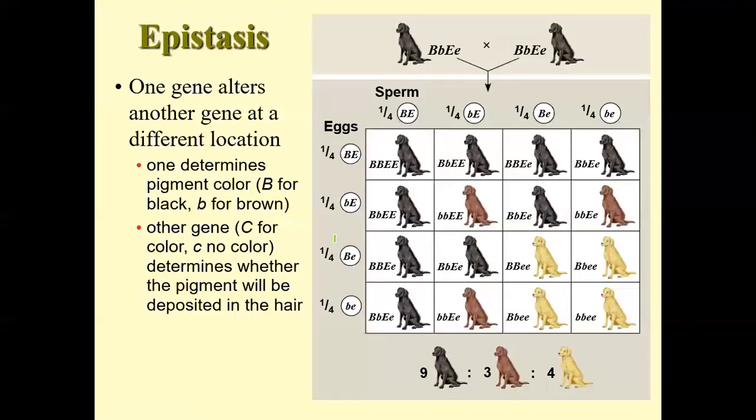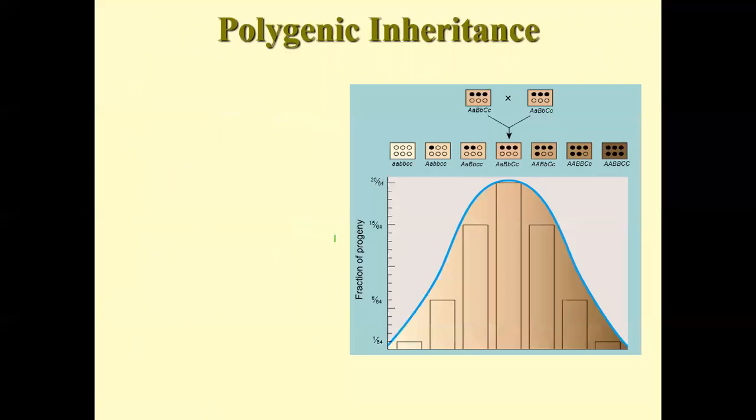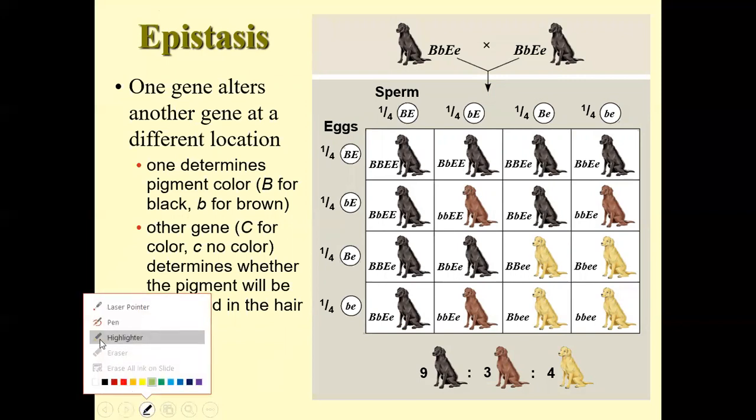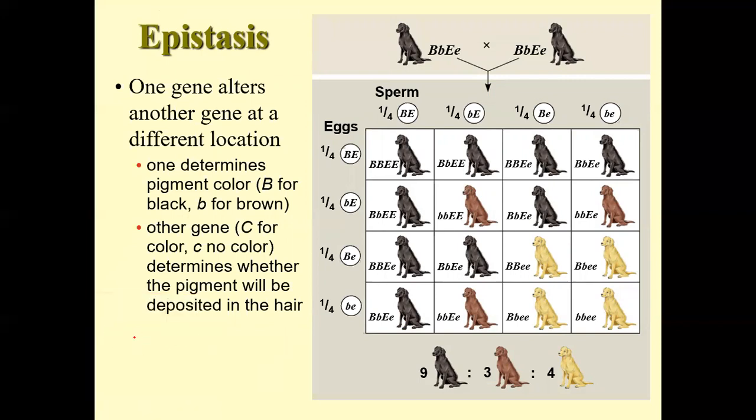Now, epistasis is a bit of a trip. It's kind of like an on-off switch. So I like to always draw out this picture to explain epistasis. So give me just a moment while you're with me and understand how I'm drawing this out. How I like to explain epistasis is we have really two genes.